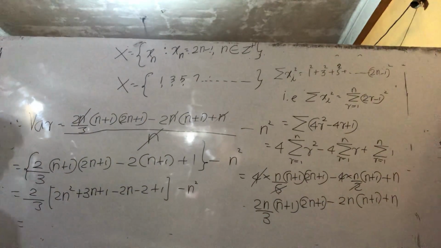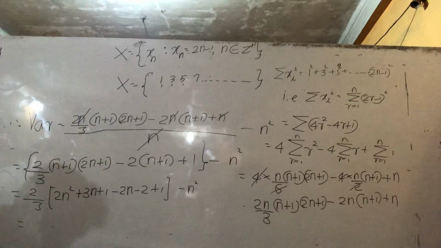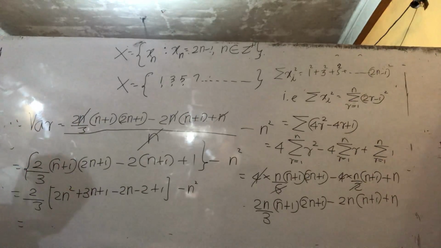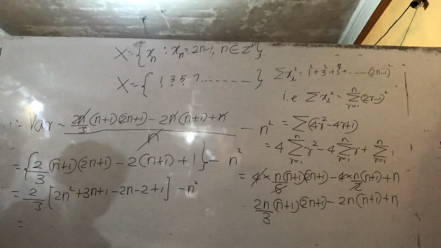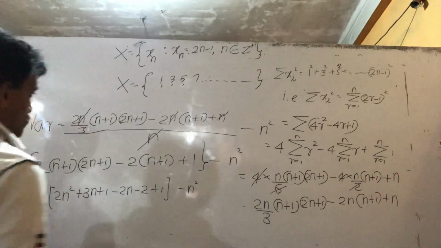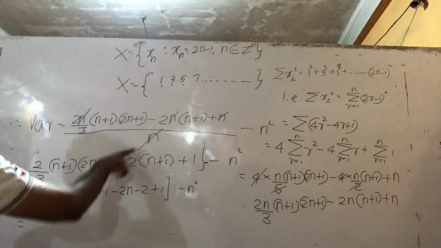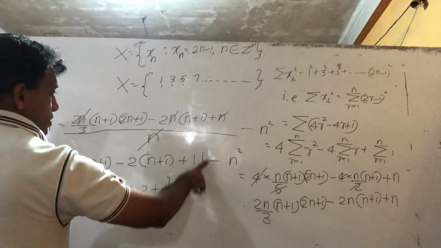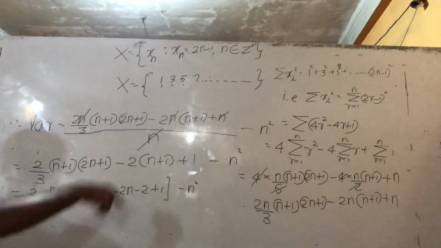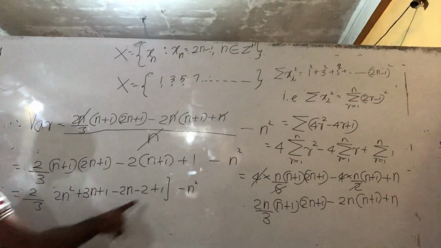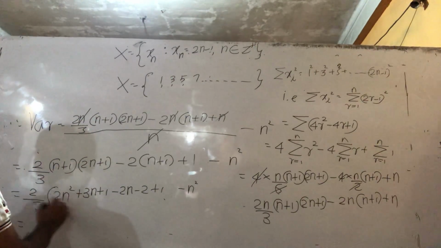So simplify and get the answer. I missed something on the board: 2/3 is only for this part. 2/3 belongs to this bracket.